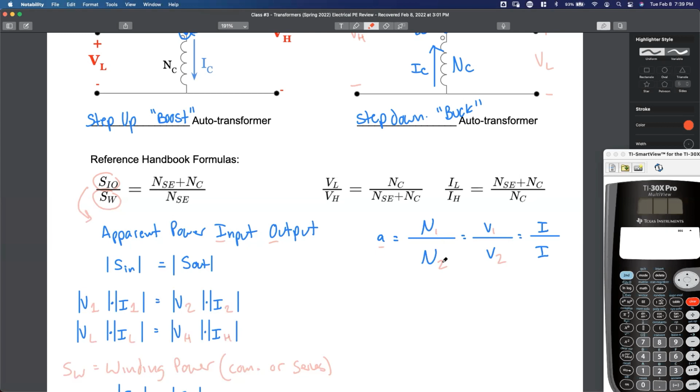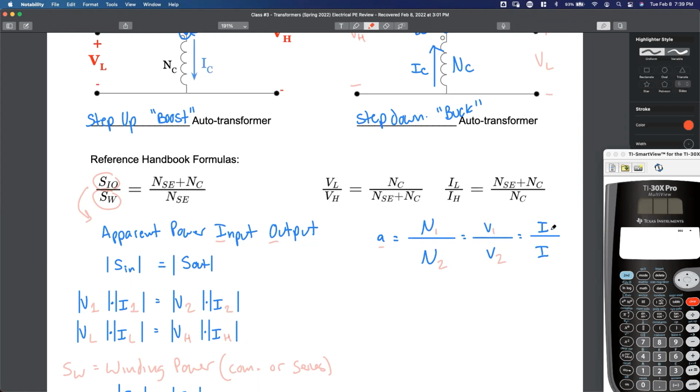The subscripts for my N's and my V's are going to be on the same side of the fraction. Is that true for my current? We said before, turns corresponds to voltage, right? If I've got more number of turns on one side, that means I've got more voltage on that same side. But if my voltage goes up, my current has to go down. It's a transformer. So my ratio is equal to turns on primary to turns on secondary, voltage on primary to voltage on secondary.